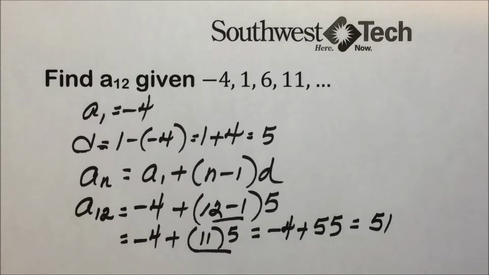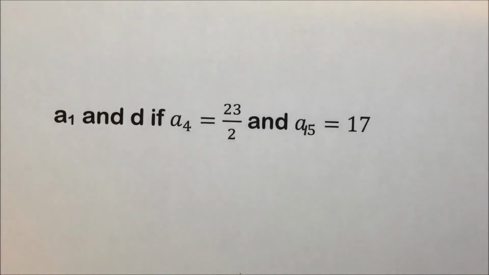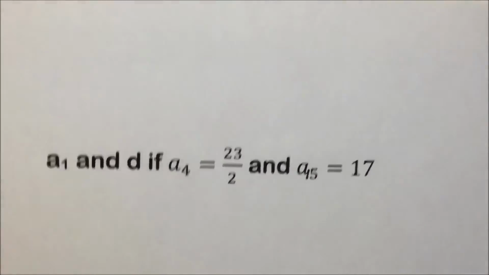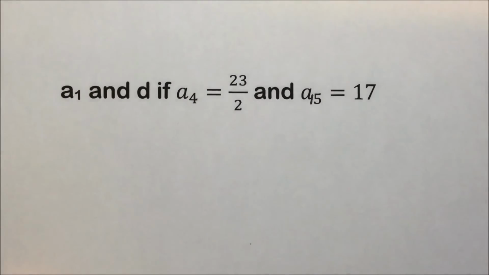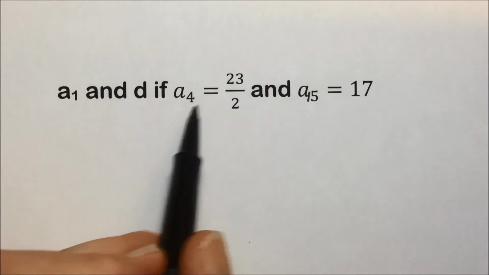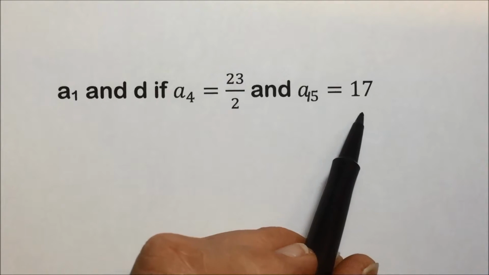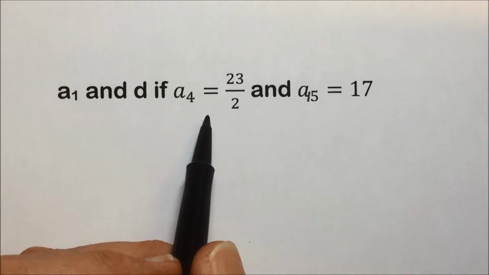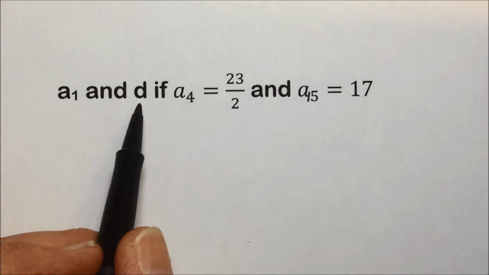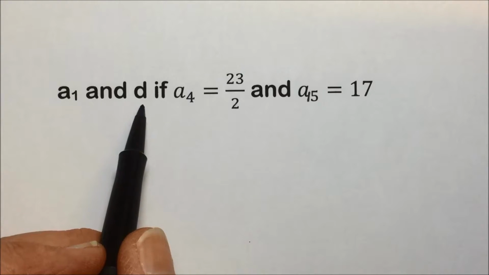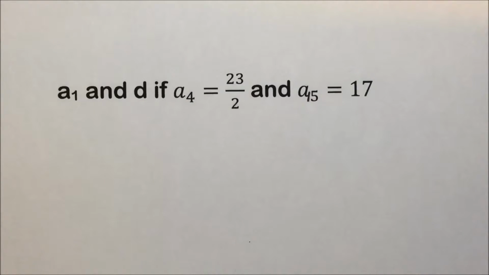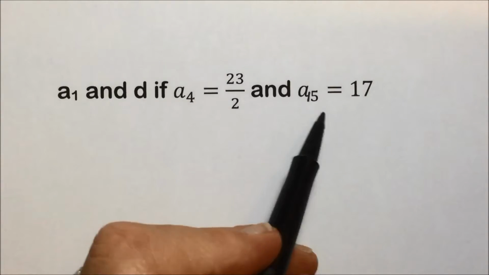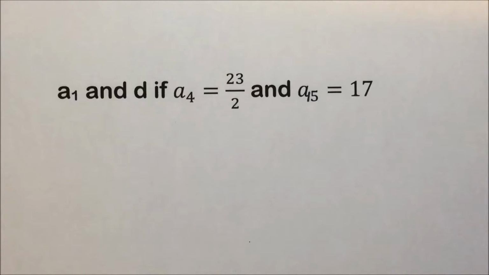In this next problem, they're giving us kind of a mystery and asking us to find the first term and the common difference, and they're giving us the 4th term and the 15th term. If these terms had been adjacent to one another, we could have found the common difference, and once we knew the common difference, we could have solved for a sub 1, but there's quite a difference between the two terms.